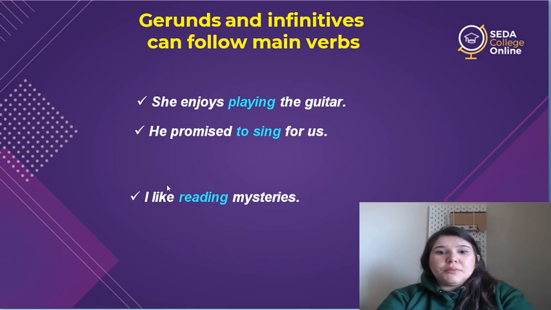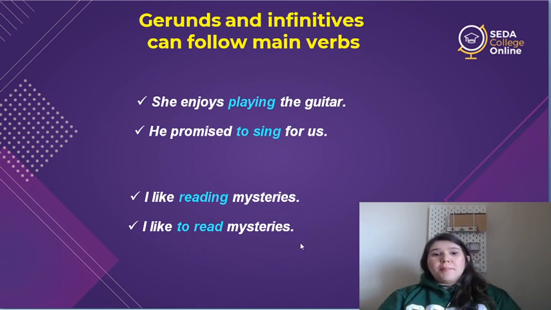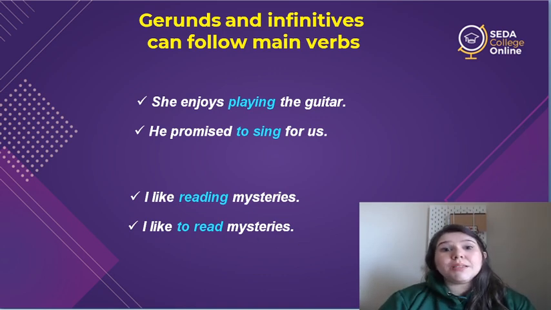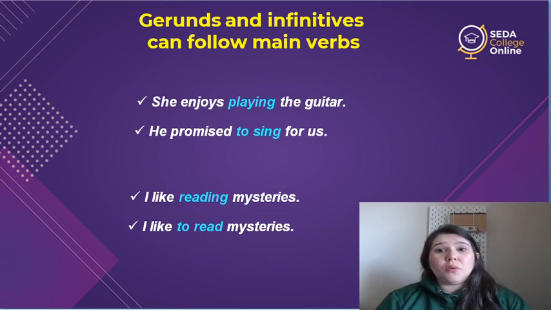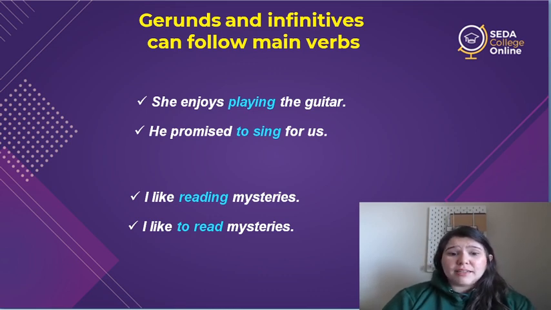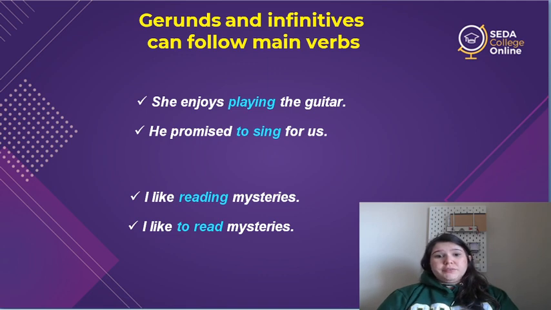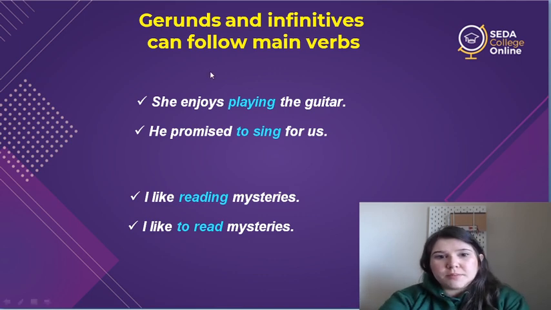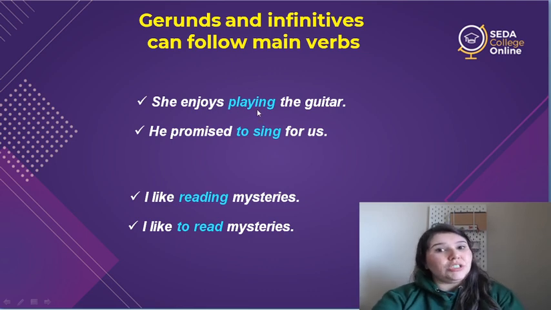I like reading mysteries, and I like to read mysteries. So what happens is that sometimes we can use both the -ing form or the infinitive form, and they have exactly the same meaning. And sometimes some verbs, like enjoy, can only be followed by -ing.